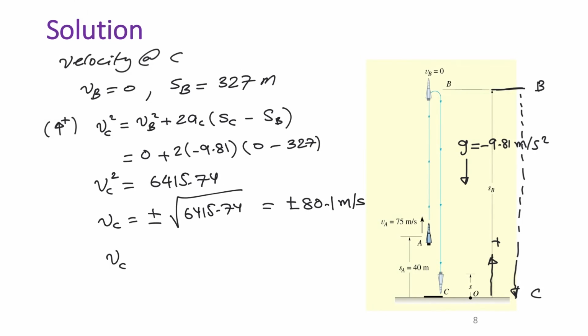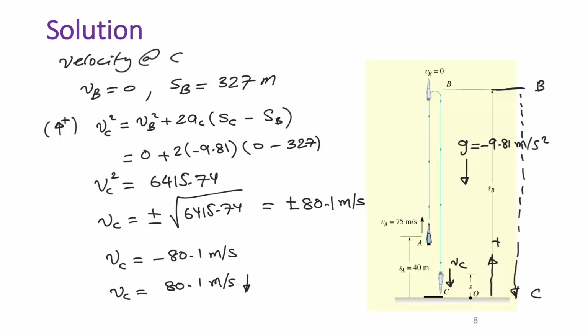So VC equals minus 80.1 meter per second. Why? Because the velocity at C is pointing downward. So you can either write it this way, or you can say VC equals 80.1 meter per second and put the arrow downward. This replaces the negative sign.